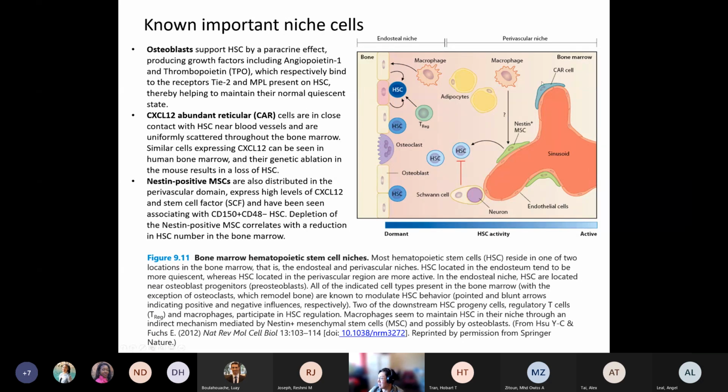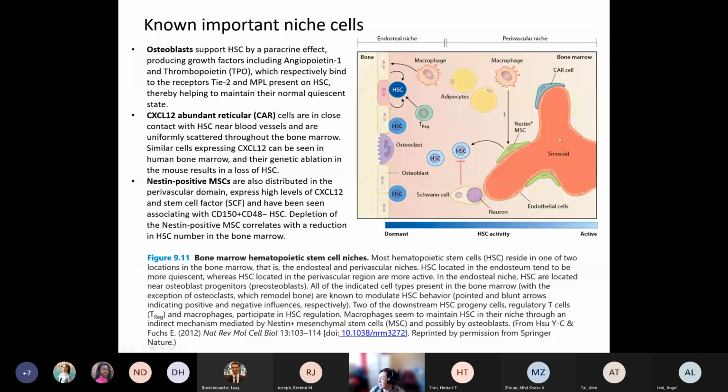The CAR cells are around that, and they could have contact with HSCs near the blood vessel, though that is not shown on this slide. They express CXCL12. CXCL12 is also called SDF, another name for it.